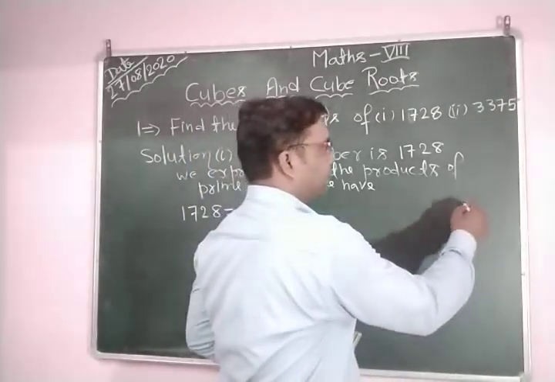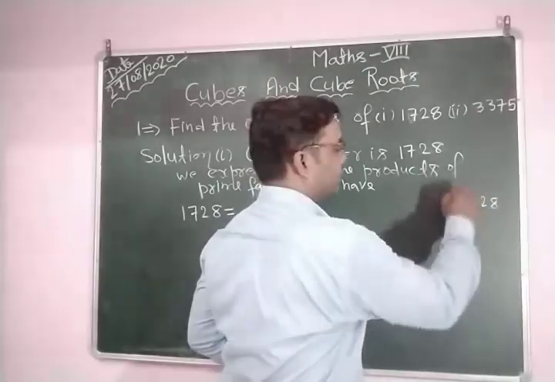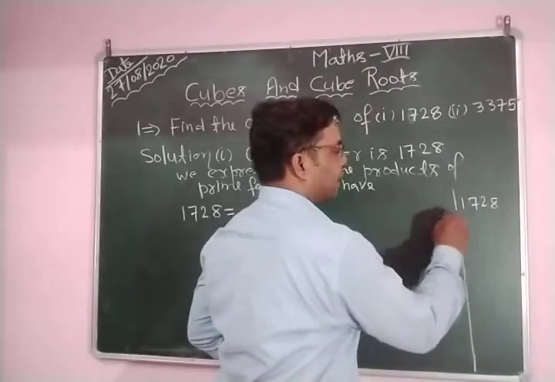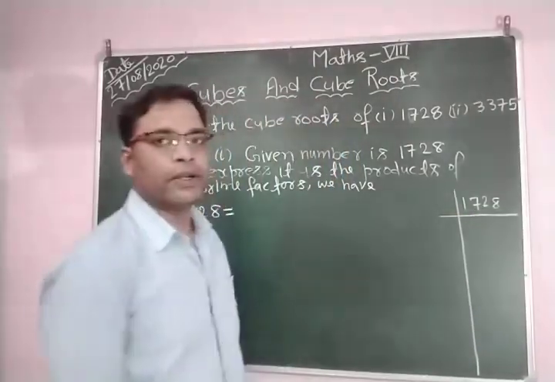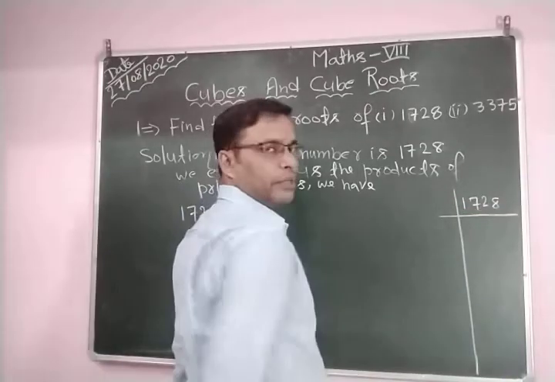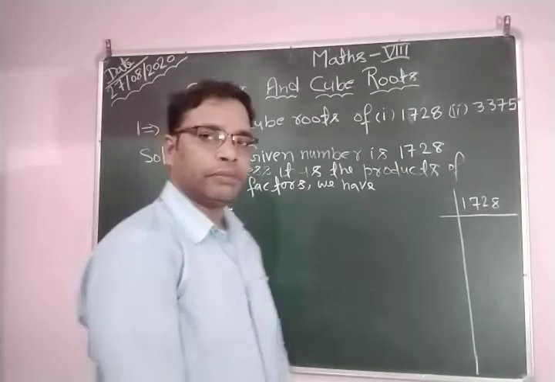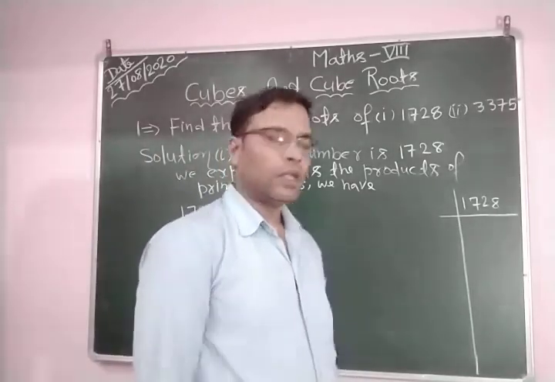First write 1728 and draw a line like this. You can see this is an even number, so the smallest prime number, 2, divides it.